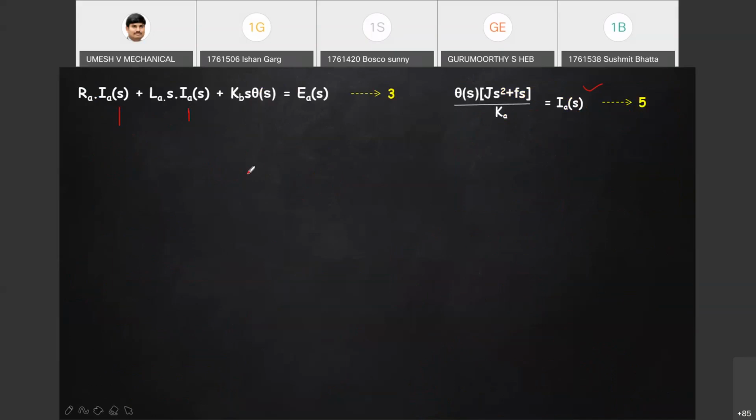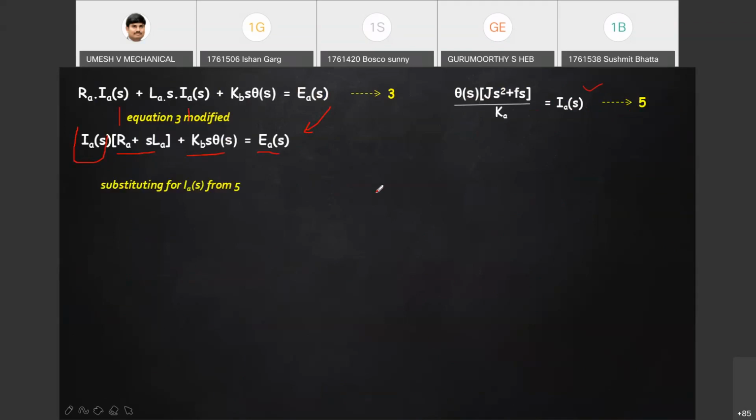Equation 3 can be modified by taking Ia(s) as common. In the bracket, you have Ra plus s La, as it is, equals E(s). Equation 3 is just a modification. It is rearranged. It is not a new equation.